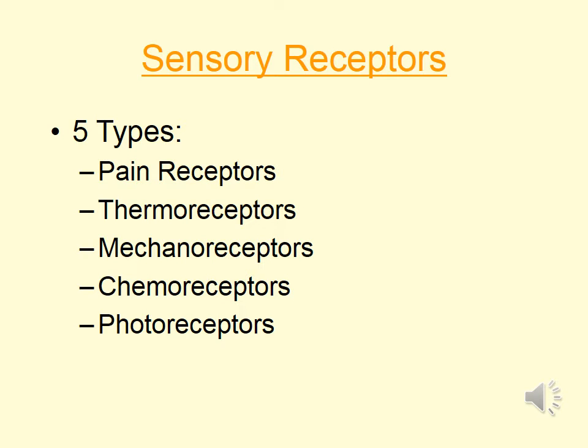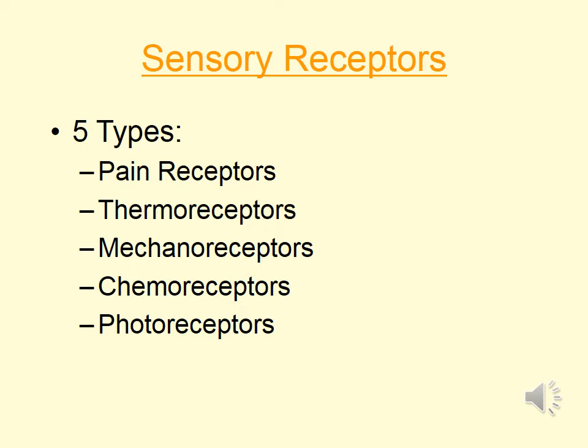Okay, sensory receptors. There are 5 types that we have throughout our body. These are the 5: pain receptors, thermoreceptors, mechanoreceptors, chemoreceptors, and photoreceptors. Basically, they are all specific to the kind of stimuli that we constantly get from our environment.